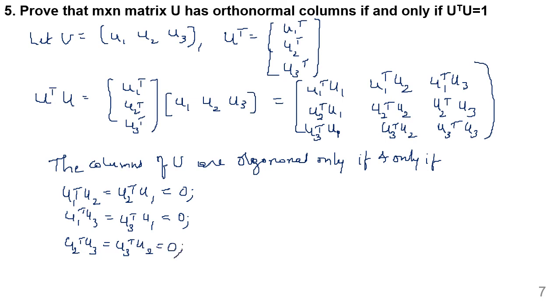That is, apart from the diagonal elements, all the elements are equal to 0. Then they are orthogonal to each other.